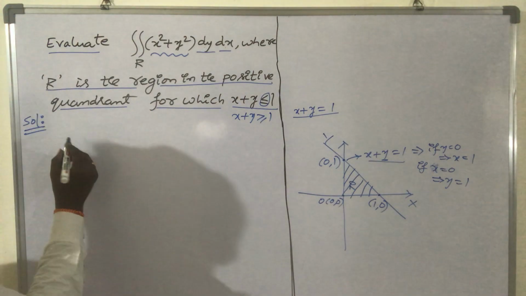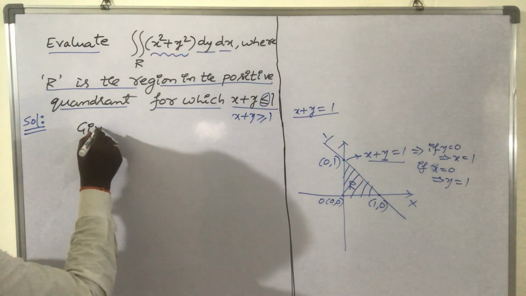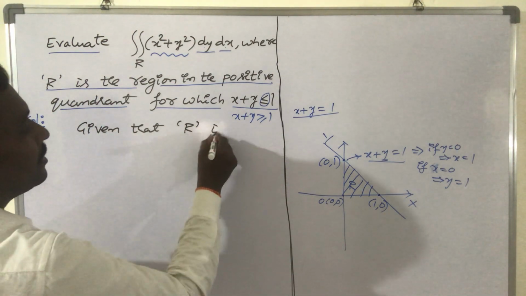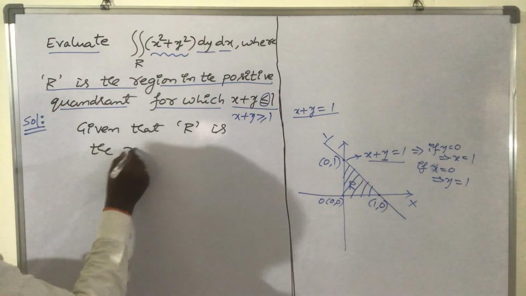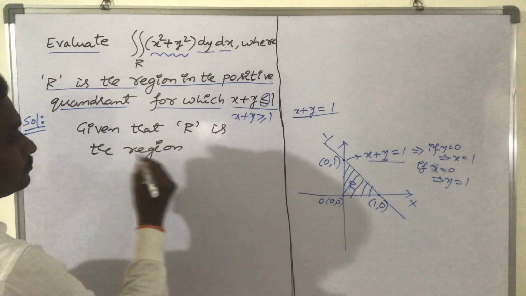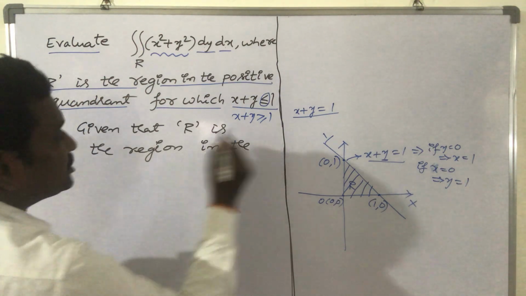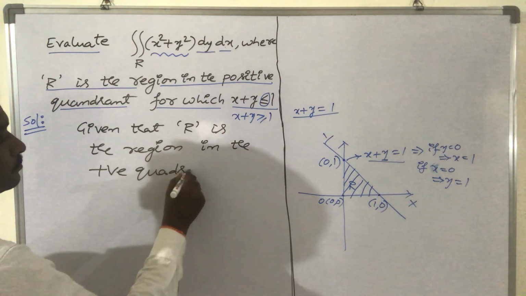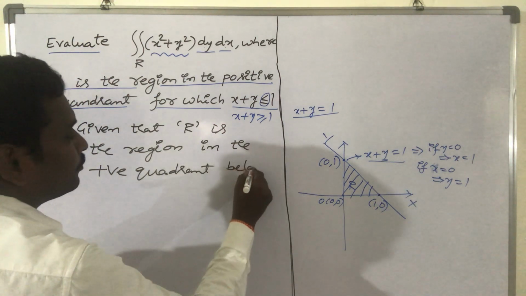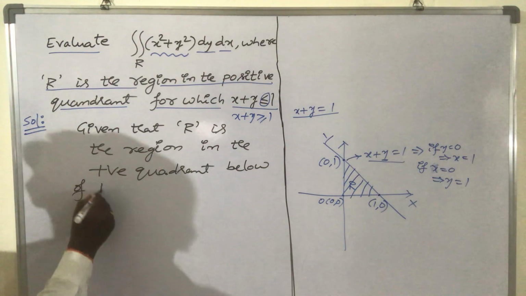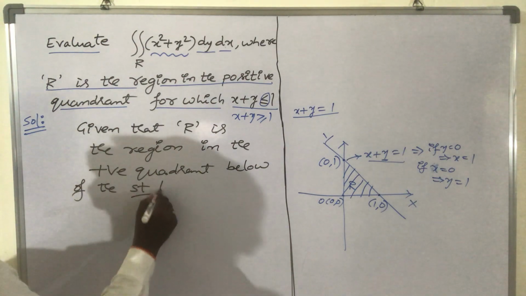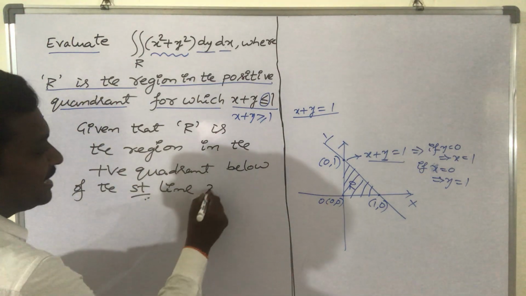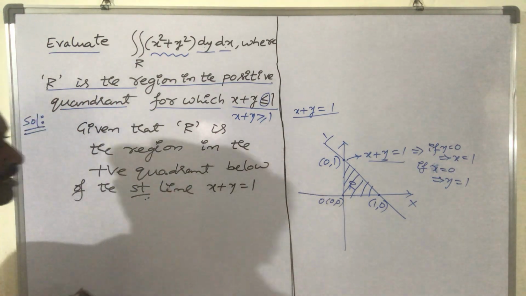Okay, given that R is the region in the positive quadrant below the straight line x plus y is equal to 1.